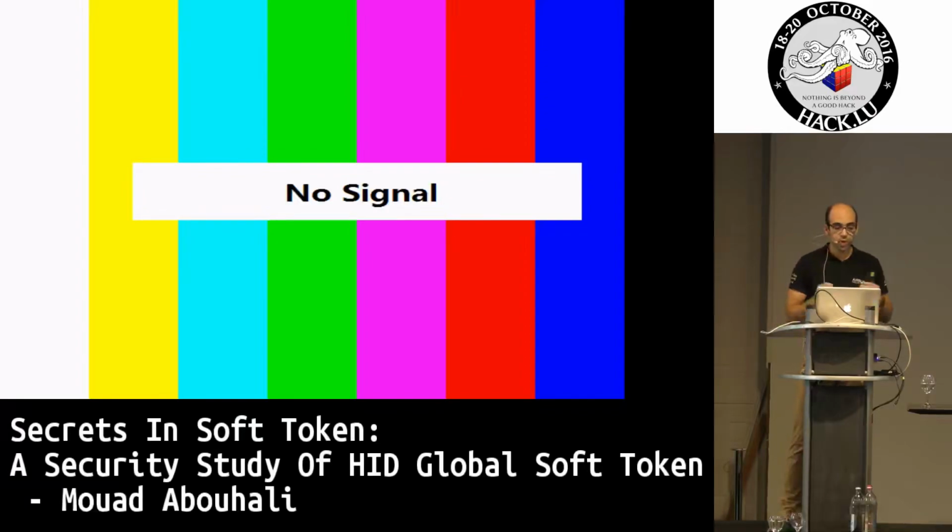So the main result that we should mention here is that, firstly, the application creates two configuration files, the OTP token device and the OTP token status, and massively uses crypto functions, especially AES operations.